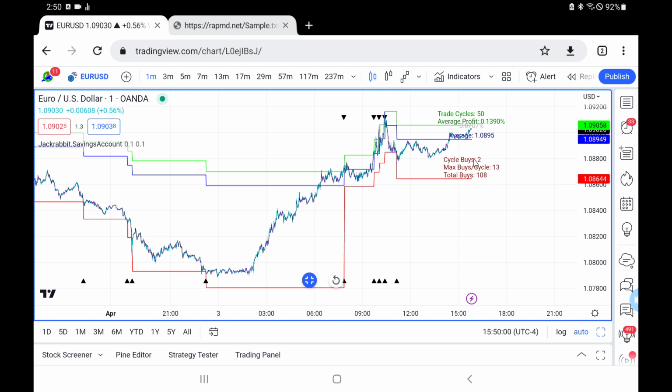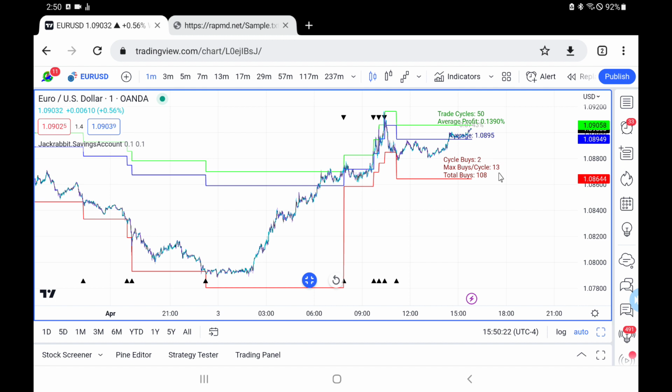Now this part tells you that it's in a cycle and it's on the second purchase of that cycle, and that the maximum number of purchases per cycle thus far for the history of this chart is 13.